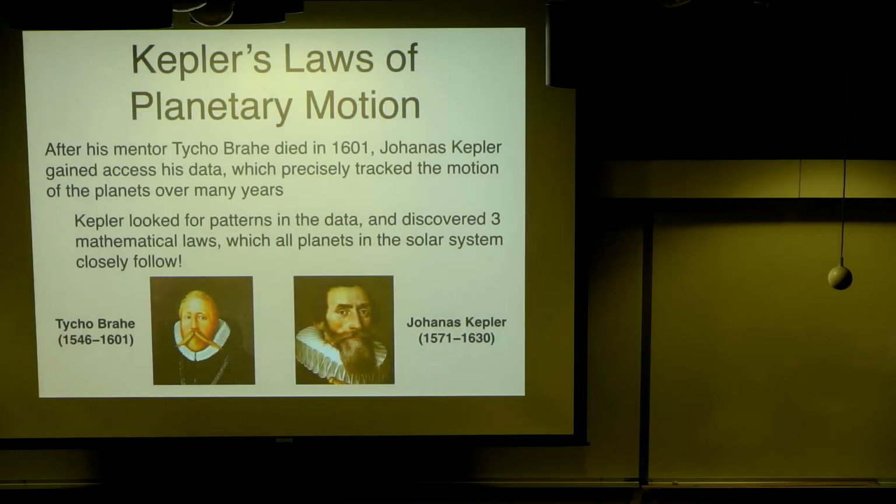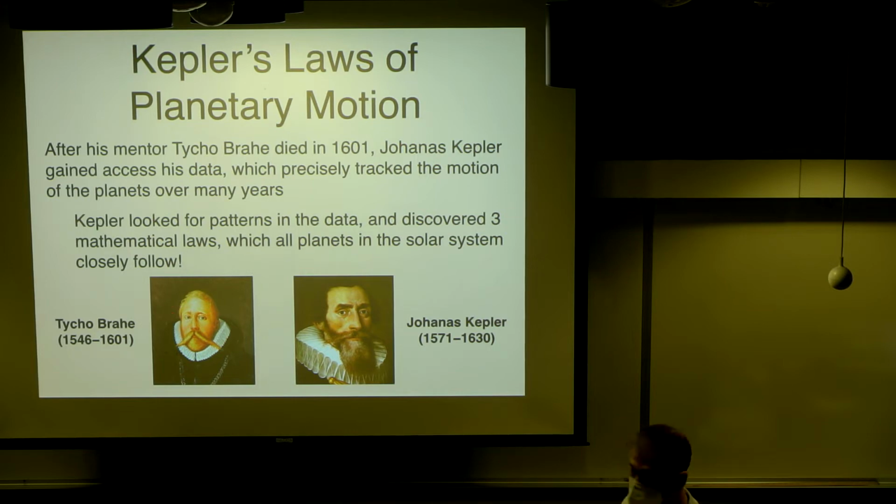All right, so a little bit more history. We have two people, Johannes Kepler and Tycho Brahe, that we want to look at here. They each lived in the late 1500s to early 1600s. Kepler was a bit younger. Kepler was like the protege of this guy, Tycho Brahe.